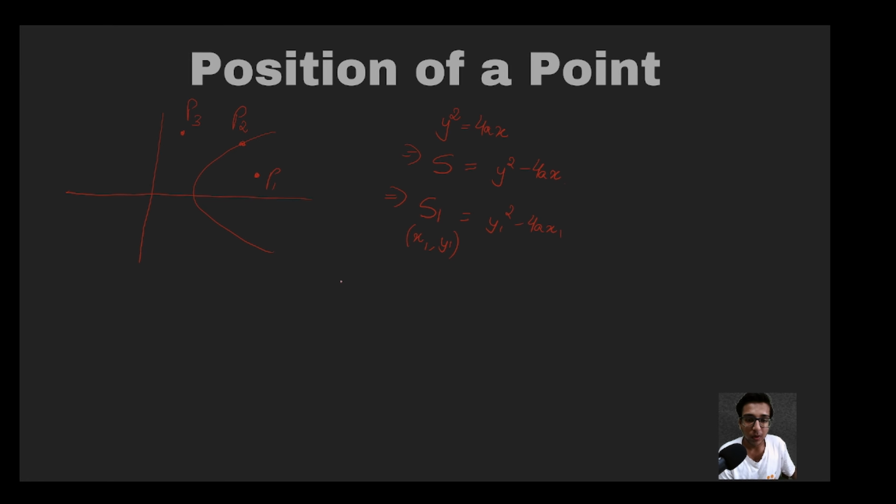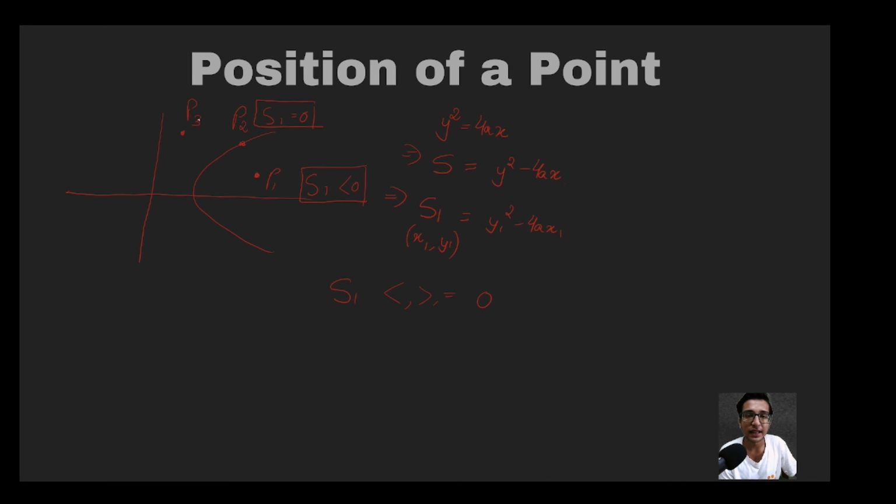Once we've found S1, there can be 3 possible values of S1. It can be less than, greater than, or equal to 0. If the point is inside the parabola, then S1 would be less than 0. If the point is lying on the parabola, then S1 would be equal to 0.